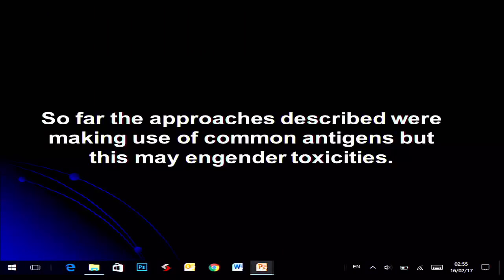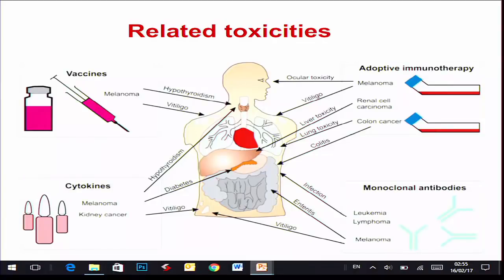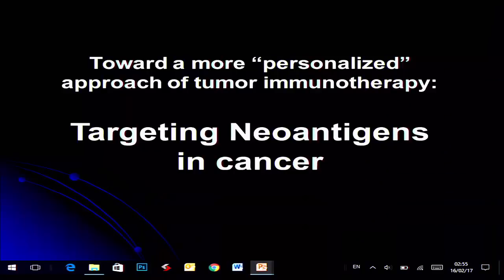Again, these are nice stories, but we encounter a lot of toxicities in those treatments, and we have to be aware of those toxicities. One way to eliminate those toxicities is to target specific antigens, not common antigens, because most of the therapies I showed you so far are applied to antigens that are expressed by a vast number of cancers.